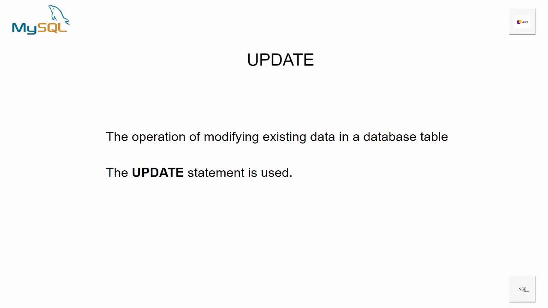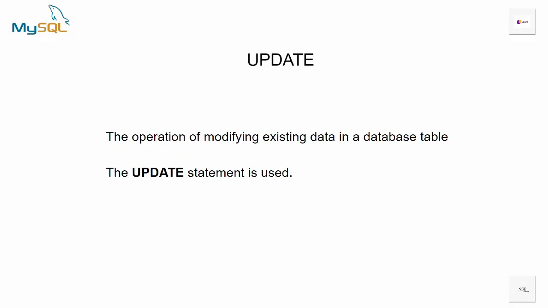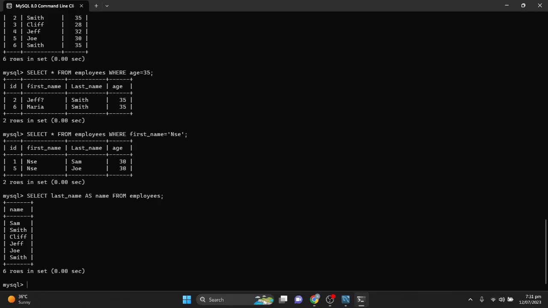Remember that the update operation is going to modify existing data in a database table. We are still working with the employees table. To update existing data, we use the update statement. So now let's see how that works. Let's have update. The syntax is that you would have update and then you specify the table name, which in our case is employees.